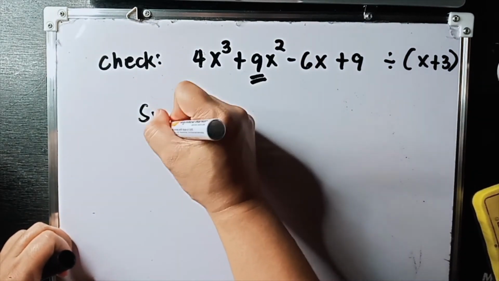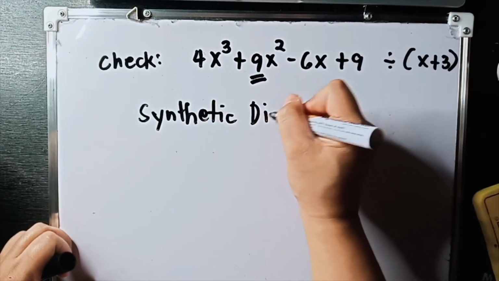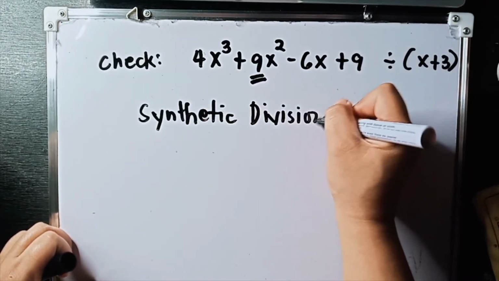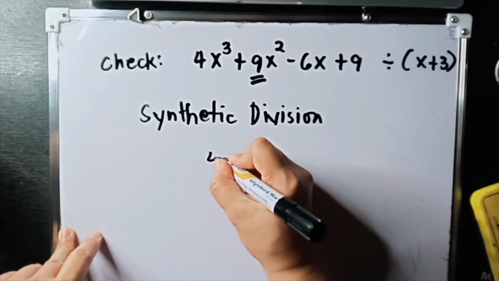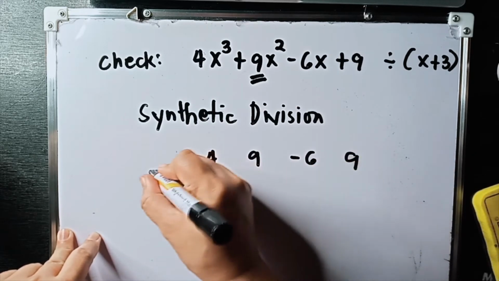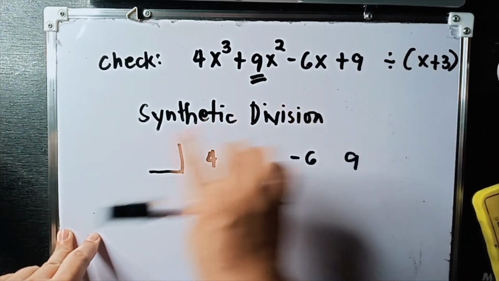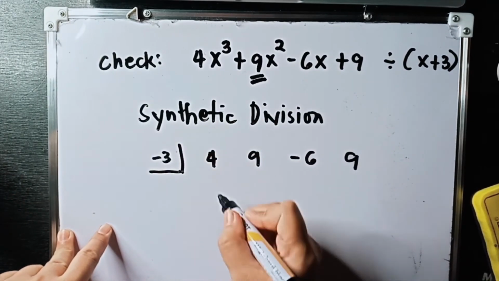So, we will be using synthetic division. Let us get the coefficients of this polynomial. We have 4, 9, negative 6, 9. And then, we're going to place the r here. So, positive 3 will now become negative 3.